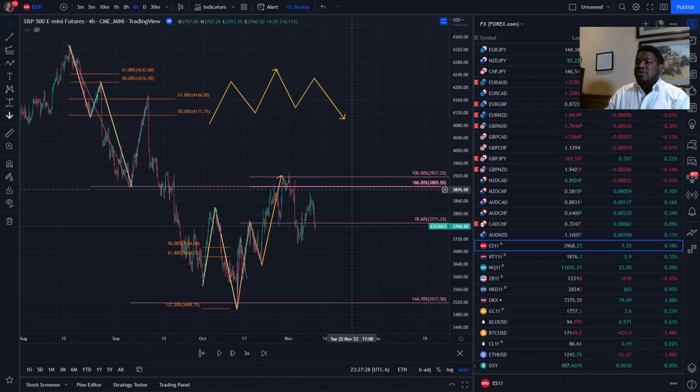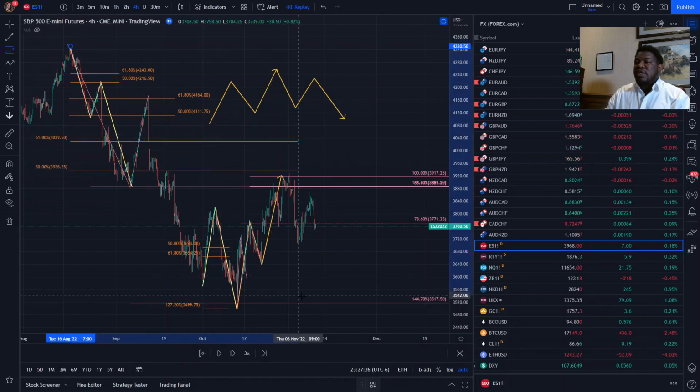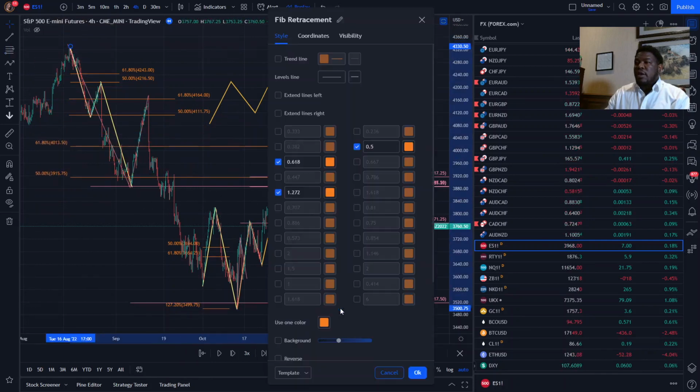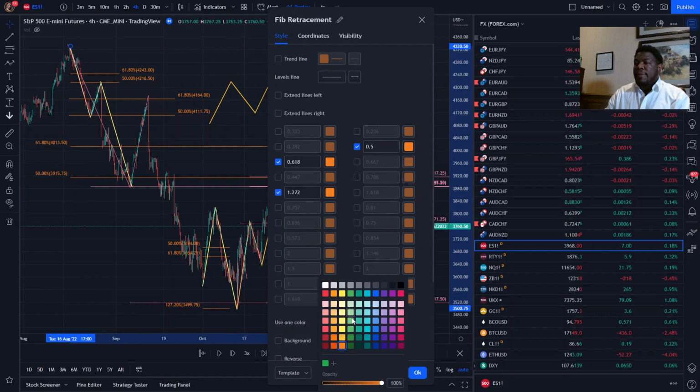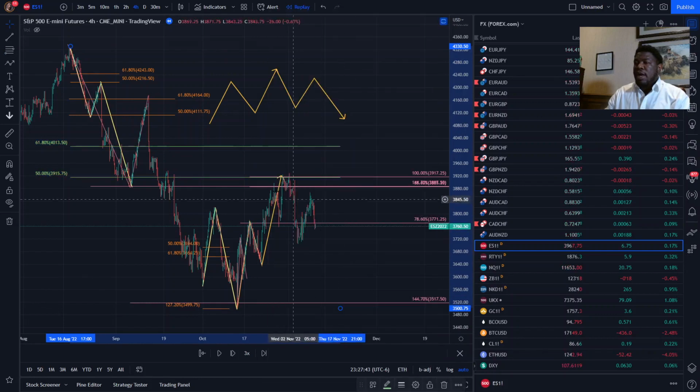I have these levels that have been drawn several different times, but I will show you that they overlap and interact with much larger levels as well. I'm going to change the color of these, sort of bring them out a little bit more. As you can see, this 50% level overlaps with our 100% level that we drew from here. What this shows you is that this is a point of, as we would call it, resistance. Just like down here, there's points of what would be support.